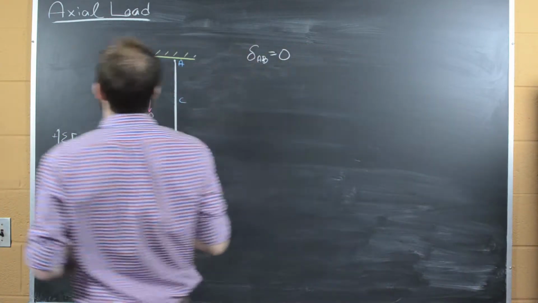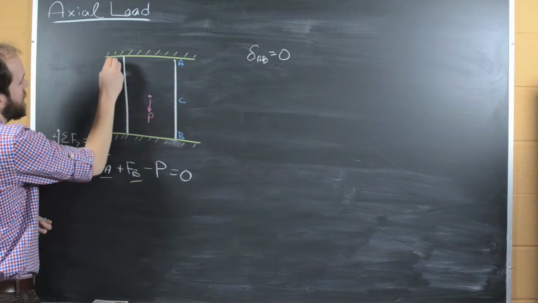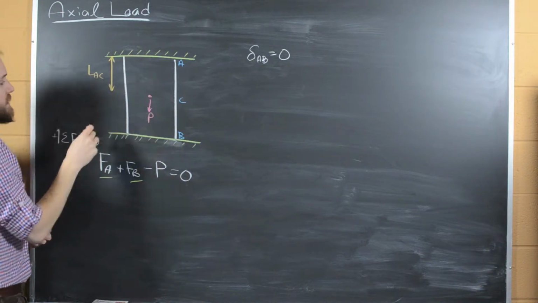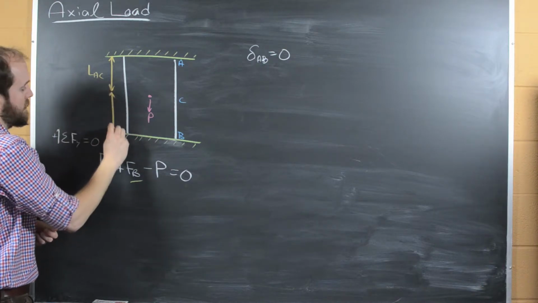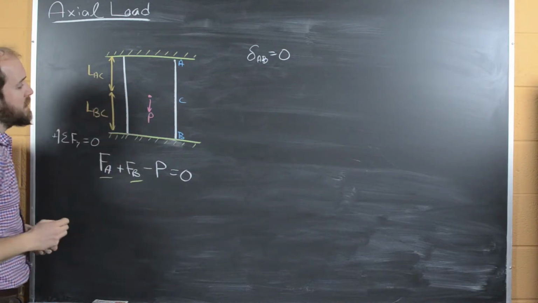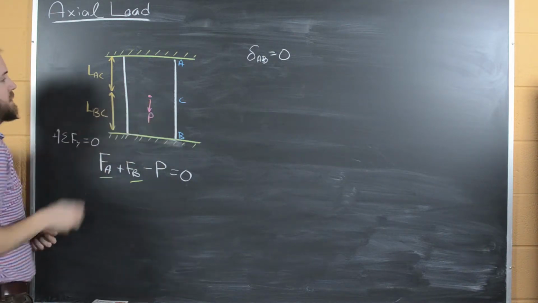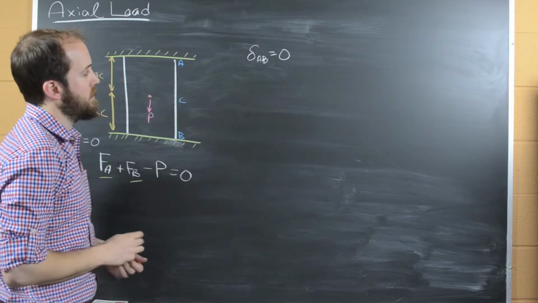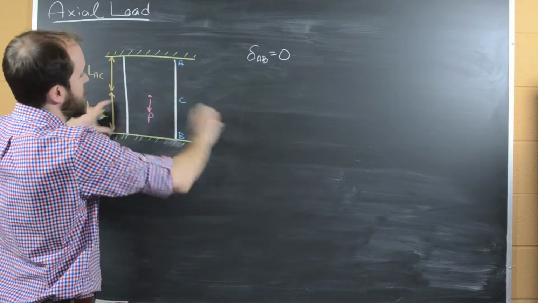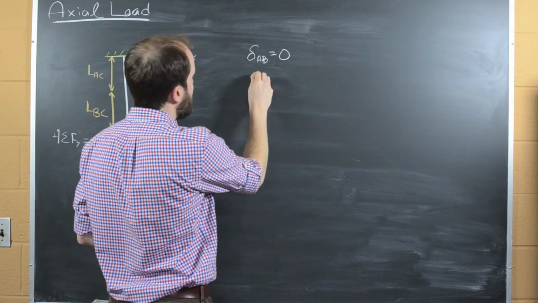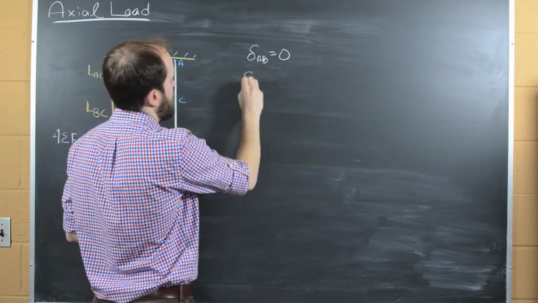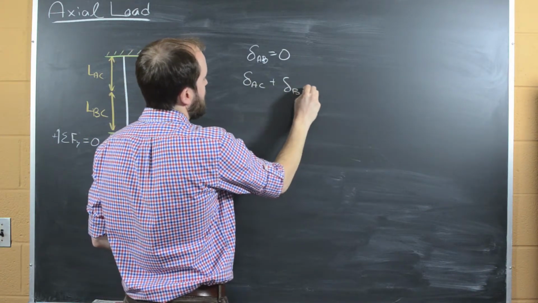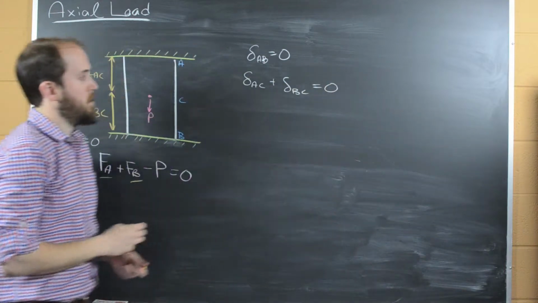And so if we split this up and label a length AC from the top to the center, and a length BC from the bottom to the center, then using the principle of superposition, we can break up this total displacement into a displacement of the top part and a displacement of the bottom part. And so we can say, well, if this is true, then the displacement of AC plus the displacement of BC has to equal 0.